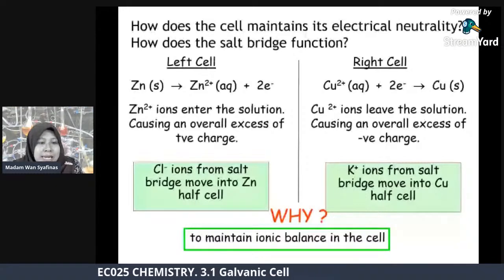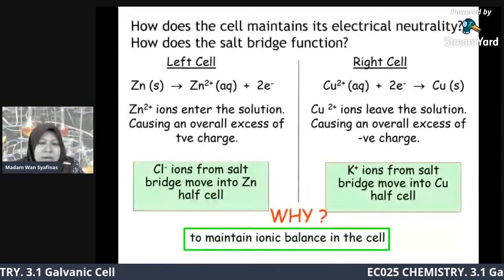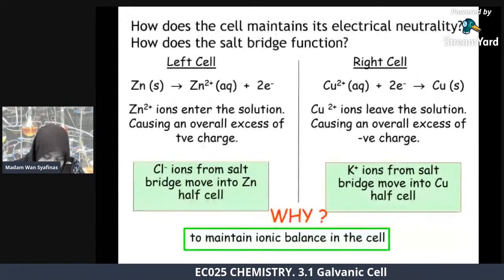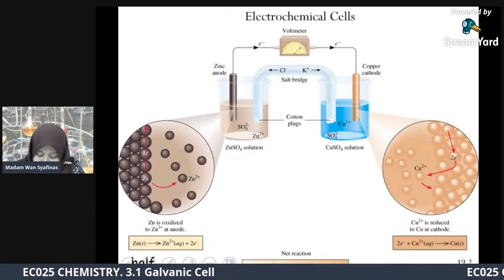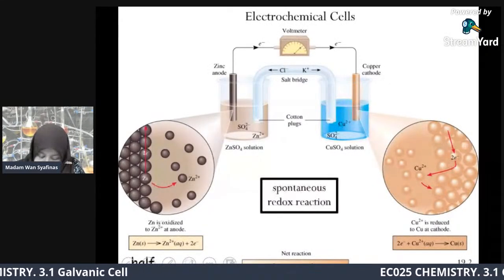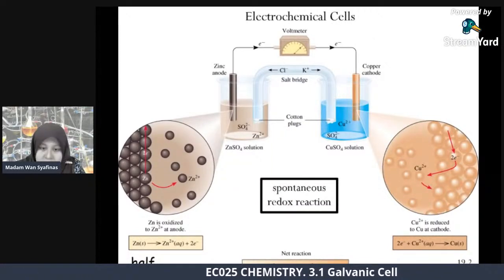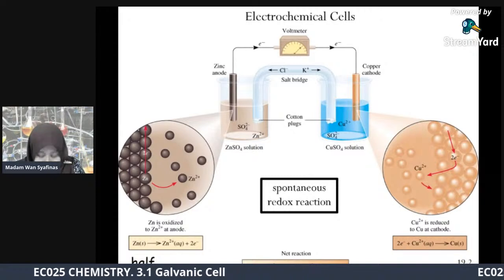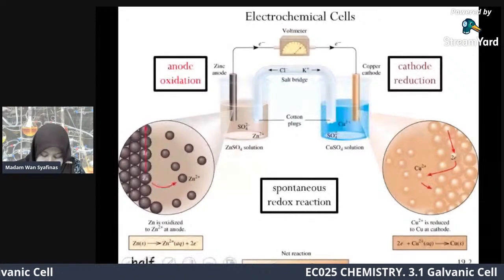To maintain the ionic balance in the cell, because this is the function of the salt bridge, to maintain the neutrality of the solution. This is a spontaneous redox reaction. The anode undergoes oxidation and the cathode undergoes reduction.